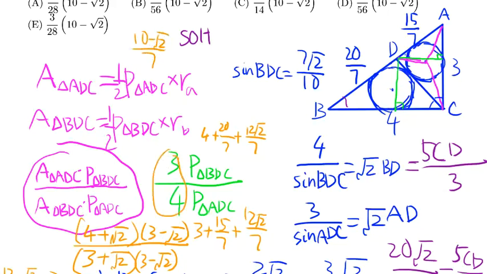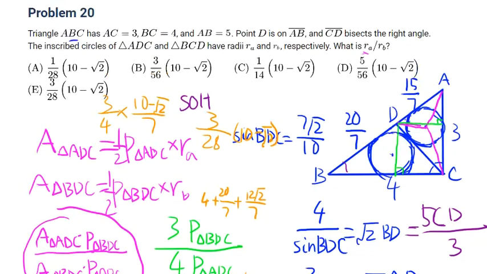Of course, okay, I forgot to multiply by this 3 divided by 4 things, so we're going to do that right now. So we're left with 28, 10 minus root 2. So, we're going to pick A.